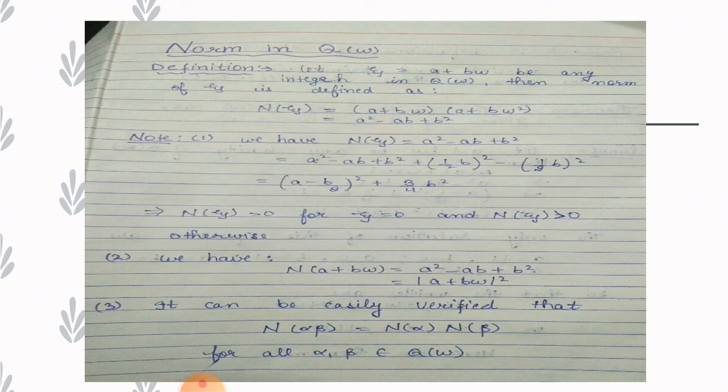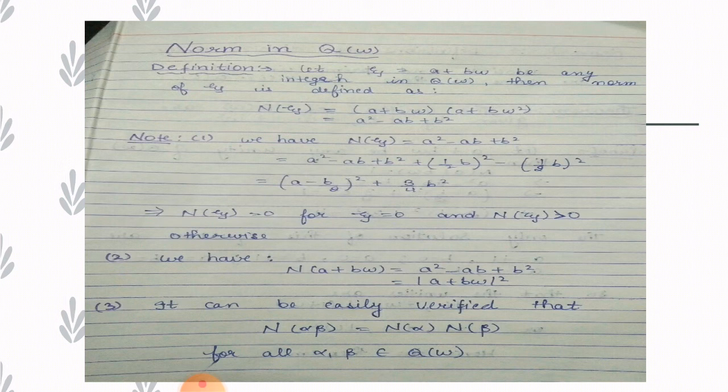Now there are some related notes. First, we have norm of xi equal to a square minus ab plus b square. If we subtract and add 1 by 2 b whole square, then we get a square minus ab plus b square plus 1 by 2 b whole square minus 1 by 2 b whole square.